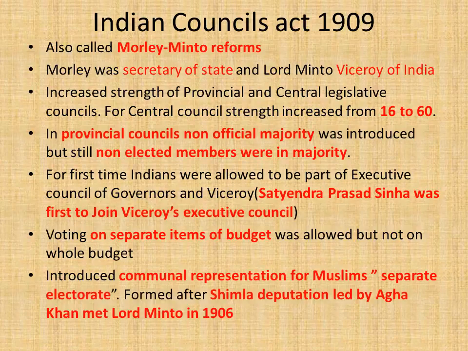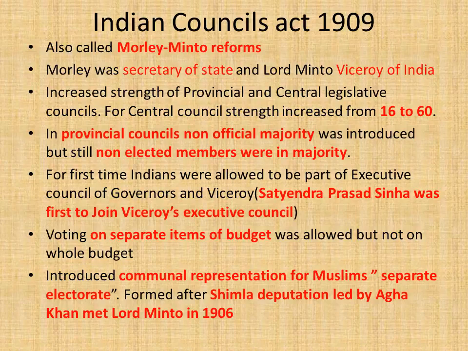It also introduced communal representation for Muslims. This is a very important point, that communal representation was for the first time introduced in the Act of 1909. Actually, where did this communal representation come from?